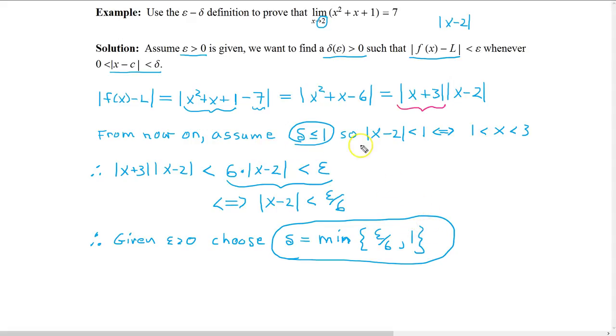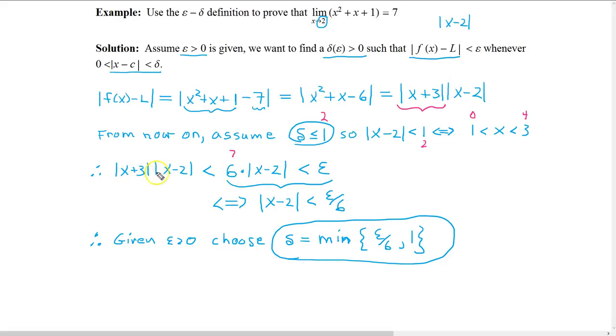Now, just notice one thing here. There's nothing sacred about choosing delta to be less than or equal to 1. We just choose 1 because it's a very convenient number. If we had chosen the number 2 instead of 1, say delta is always less than or equal to 2, then this 1 would have changed to a 2, in which case these values would have changed to 4 and 0, in which case x plus 3 would have been less than 7.